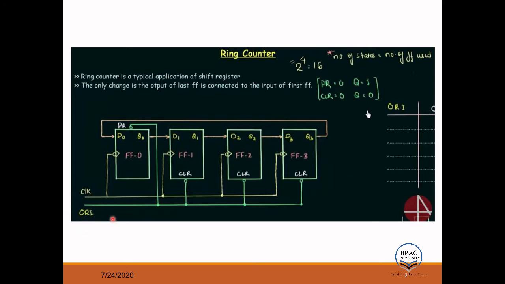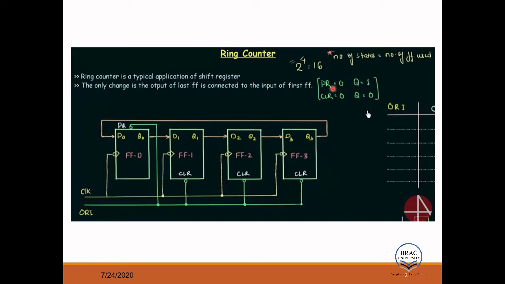ORI means override, which means when override is activated, it will activate the preset and clear, PR and clear. So preset has a bubble, so preset is low, clear is low. That means if override is activated, then preset low, clear low.